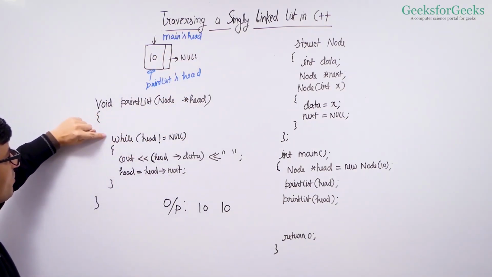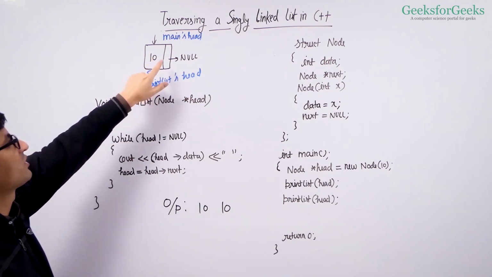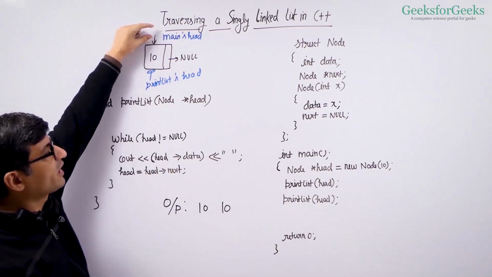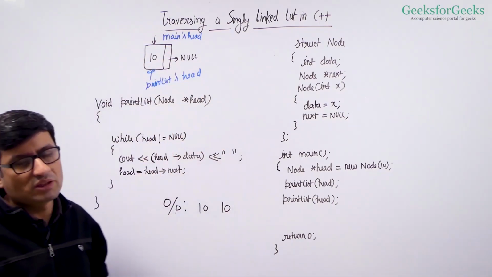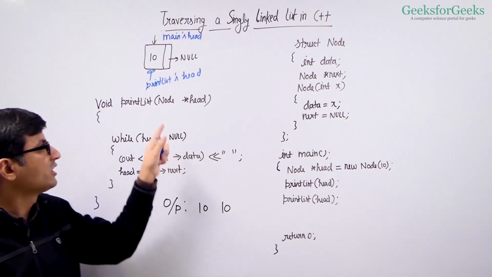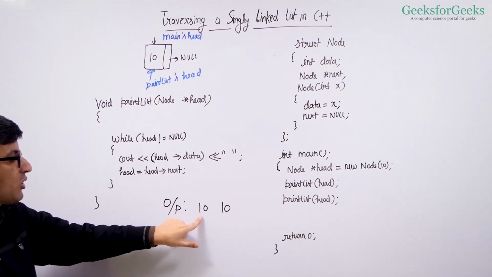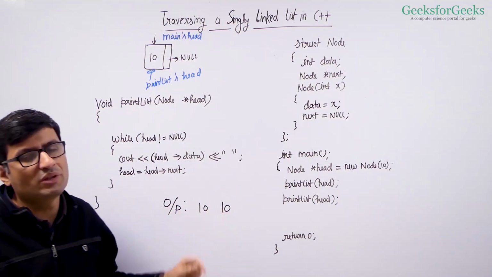When we run this loop, we are changing the printList head. We are changing it from 5000 to null, but main's head remains at address 5000. So main's head is not modified. Only this local head variable is modified. That's why we get the output as 10 and 10 when we run this program.